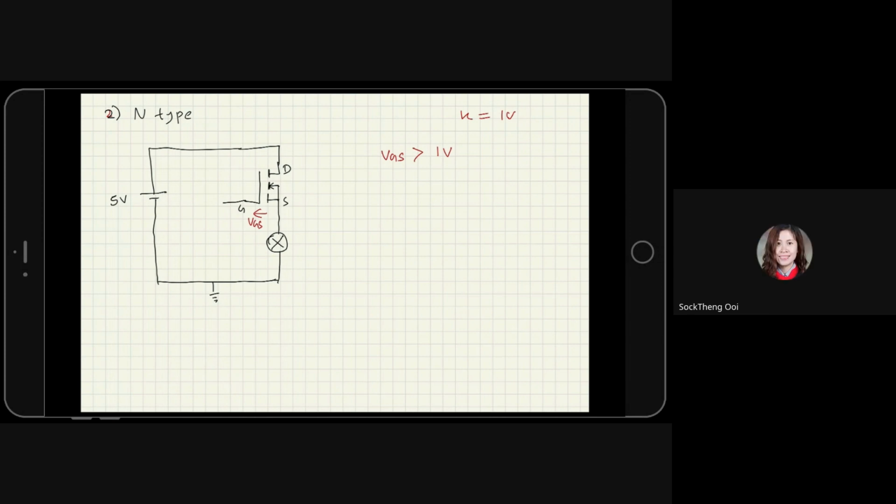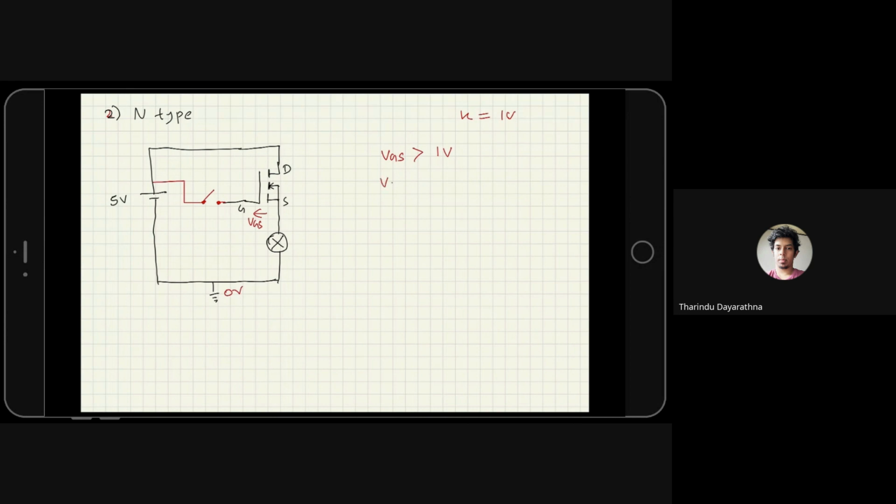Let's say someone does the same circuit like previously. Now what will happen? Here is 0 volt.